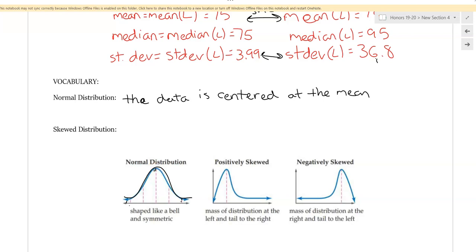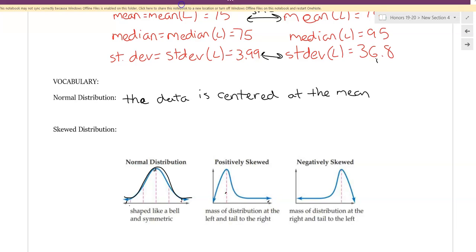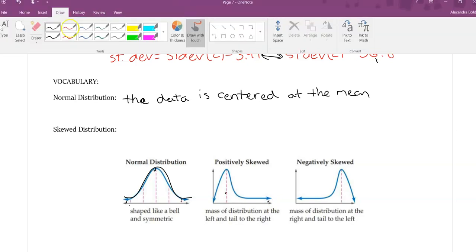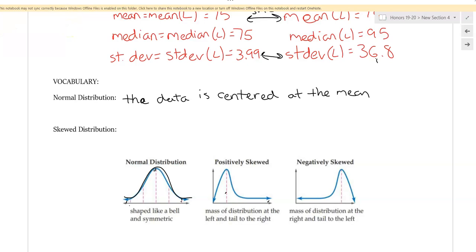We have positively skewed, so it gets pulled to the left and there's a little tail to the right, and negatively skewed gets pulled to the right and has a little tail to the left. So a skewed distribution is not centered.